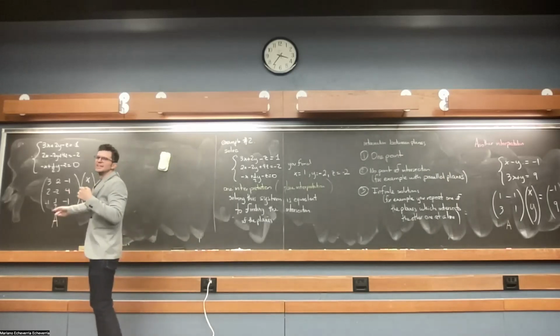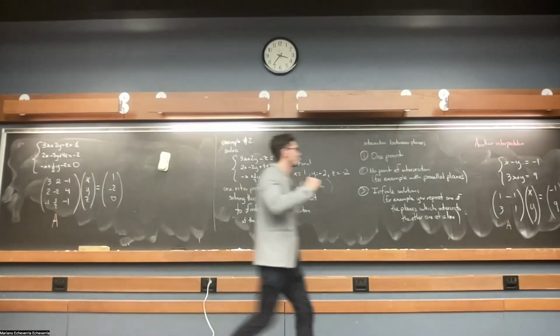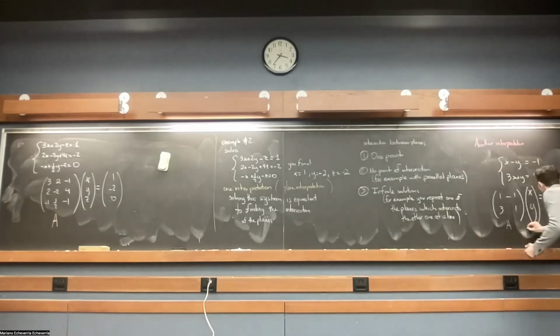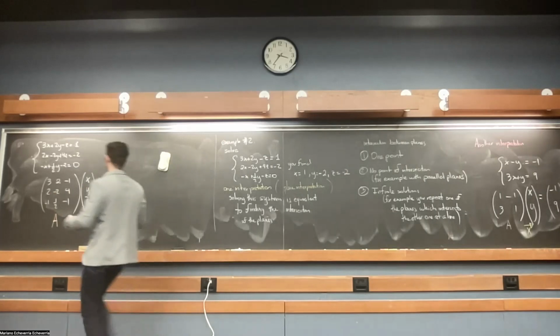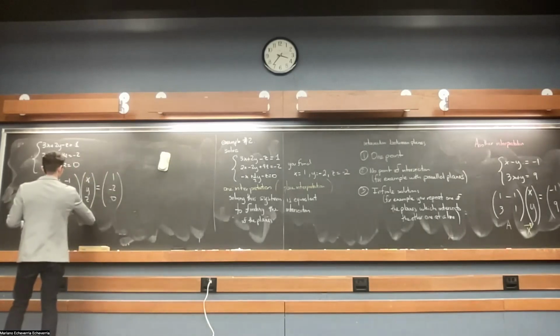So this is A times the vector X. It's not the variable X, it's a vector.